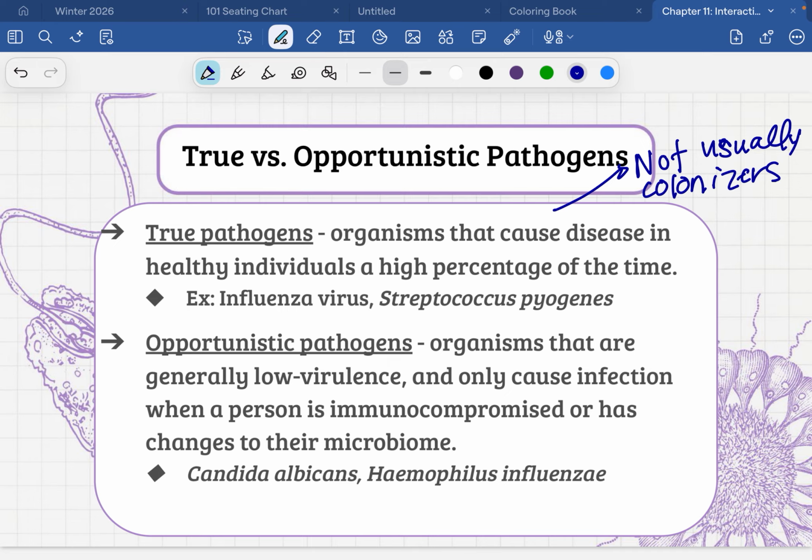So they are not going to be able to hang around in our bodies for long periods of time. Okay, so the true pathogens are most often, not always, but most often going to be the transients. These are going to be the ones that come in for a short period of time, cause us harm, and then our immune system kicks them out.